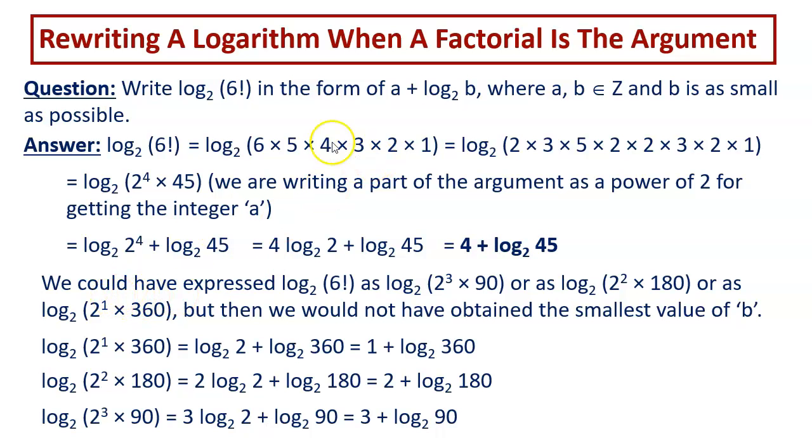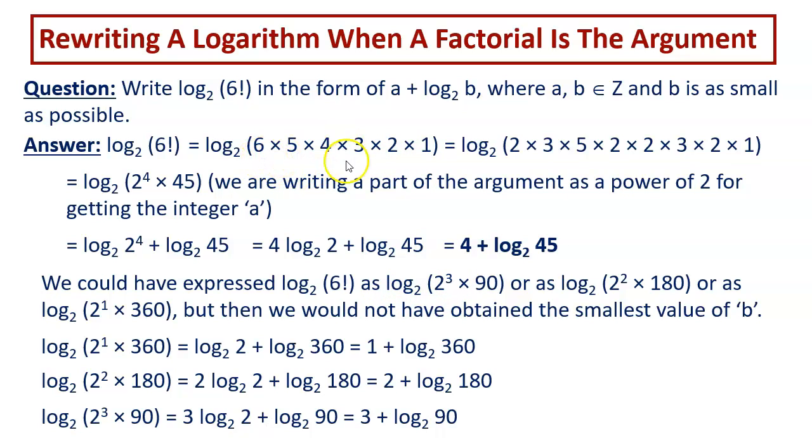So this is the expression in terms of all the prime numbers, the product of all the prime numbers 2, 3 and 5. So this one, log of 6 factorial to the base 2, can be written as, we may take these 3 2's and write 2 to the power of 3. These 3 2's means 4 and 2. We have taken these two. 4 times 2 is 8, which is 2 to the power of 3.